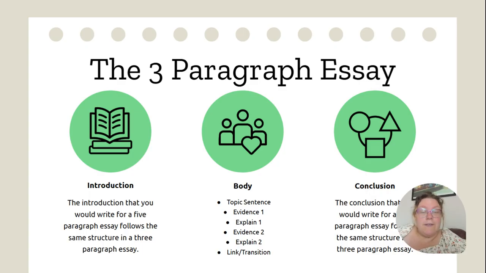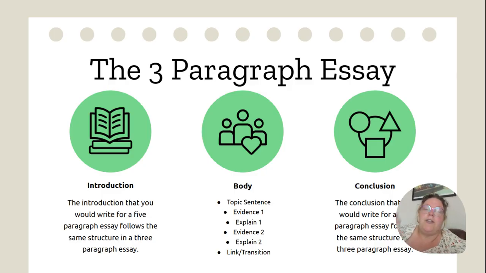And then the 3-paragraph essay. The 3-paragraph essay does all of these things, but in a much more condensed version. So for your 3-paragraph essays, for those folks that have those accommodations, you have an introduction. The introduction is the same as you'd write for a 5-paragraph essay. So again, you've got your hook, your thesis statement, your main points.